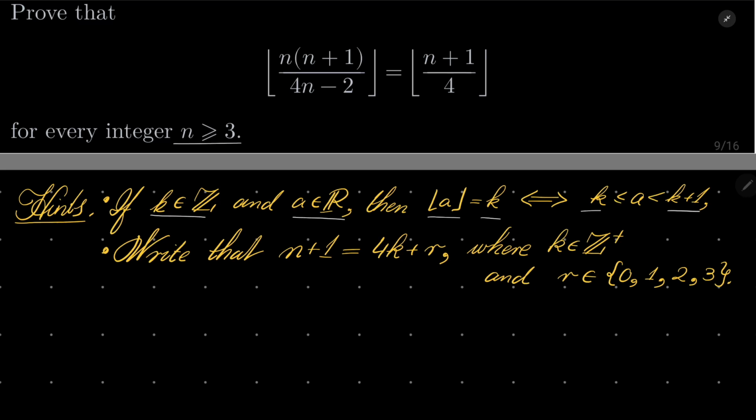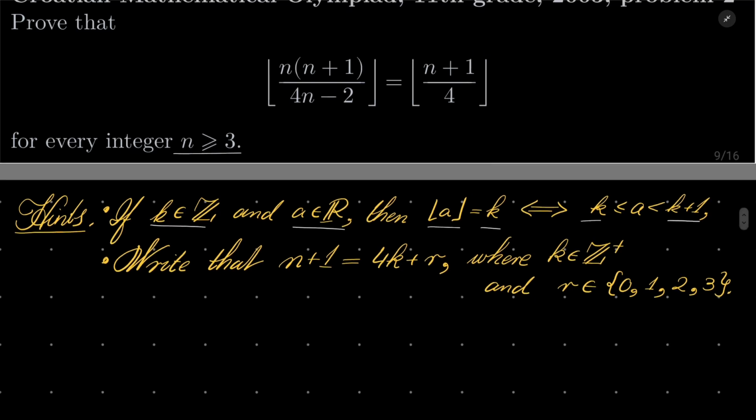Moreover, you should write that n plus 1, which appears right here and right here, equals 4k plus some remainder r, where k is greater than 0 and r is one of these 4 possible remainders. Basically, you should use these 2 hints and check case by case. There will be 4 cases in the end. So give this problem a try and I will see you in just a minute.